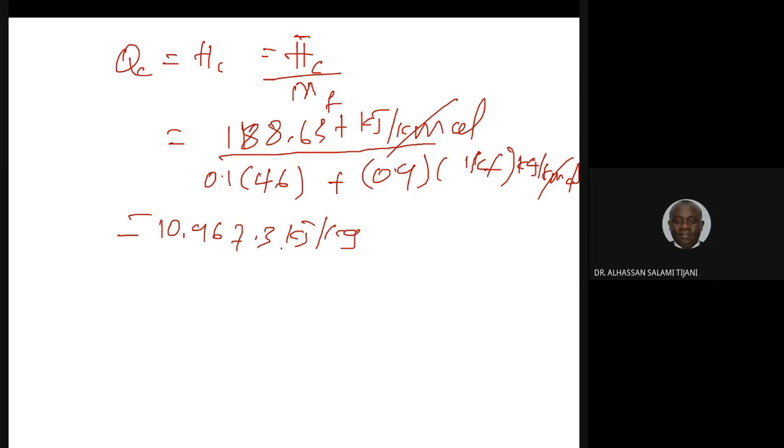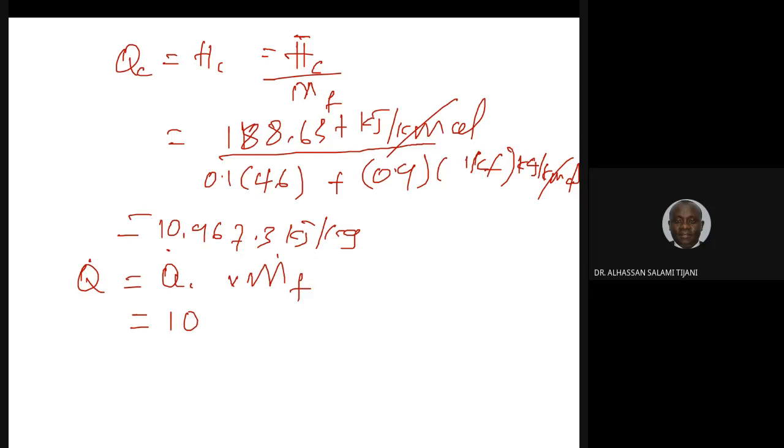Now to find the heat of combustion, Q dot equals QC times the mass flow rate of the fuel, which is given.